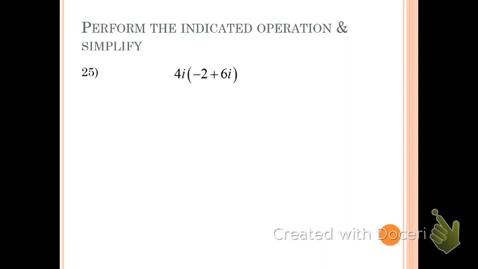So 4i times negative 2 would be negative 8i, but plus 4i times 6i gives me 24i squared. So negative 24 minus 8i.